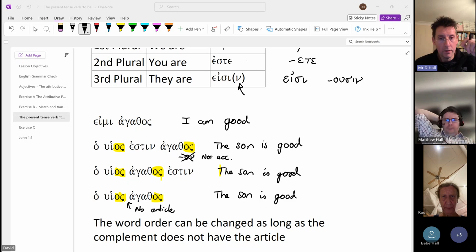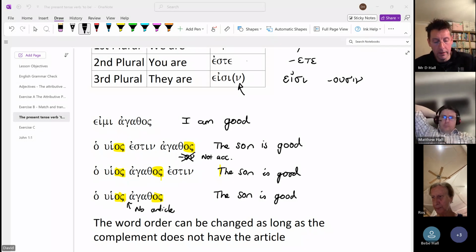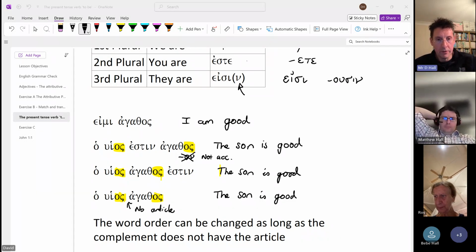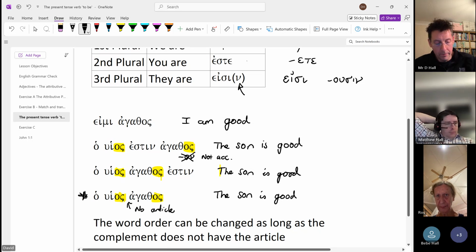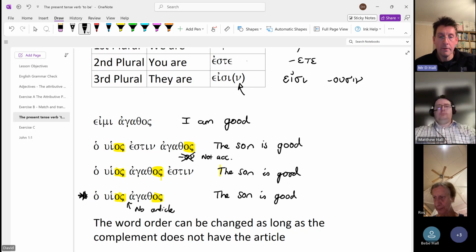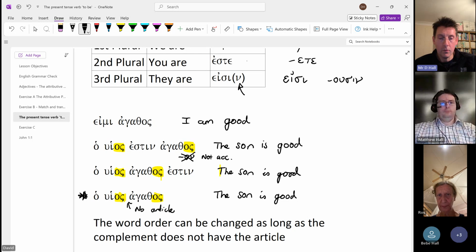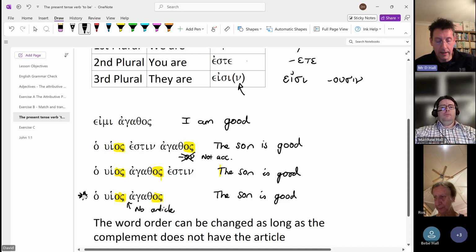So when there's no article, then this is the predicative position, which means that we're going to use the verb and it makes a sentence. So ho huios agathos, as I've got here, is the sun is good, and we know it's that because even though there's no estin, there's no article in front of the adjective, therefore it's in the predicative position.